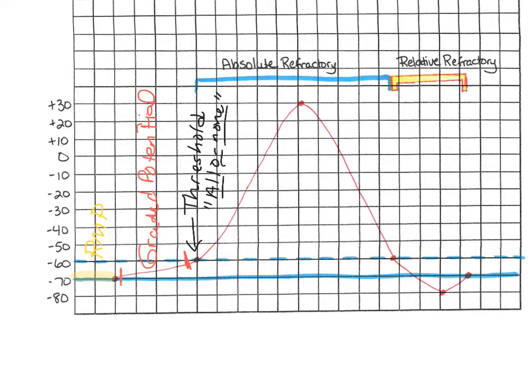Then the next thing is we have this thing called the refractory period. And the refractory period means that it's a period of time during this action potential when you can't have another action potential at that same segment.